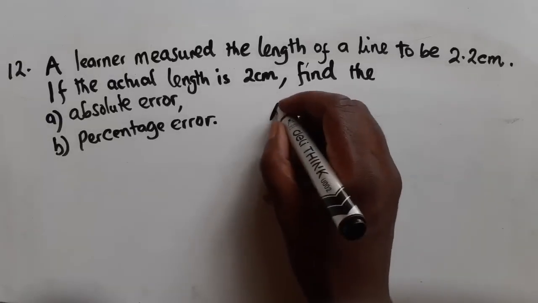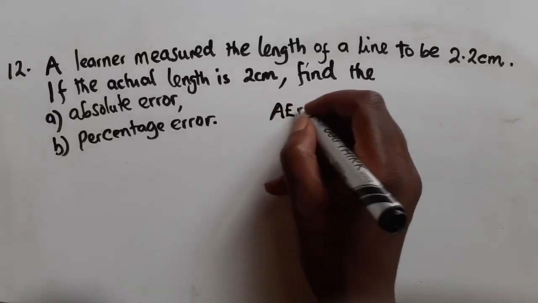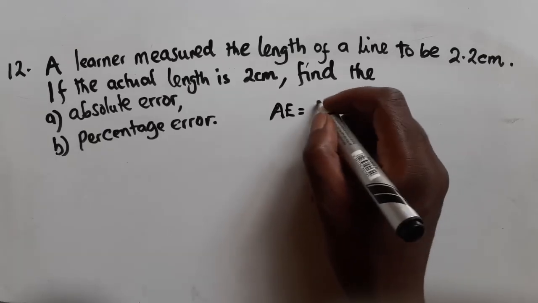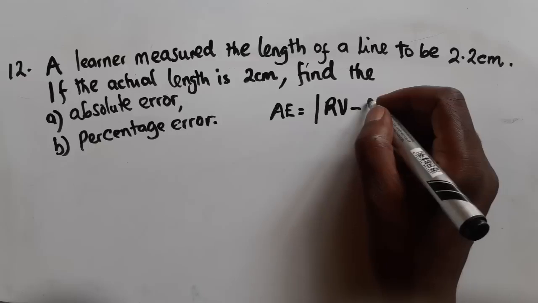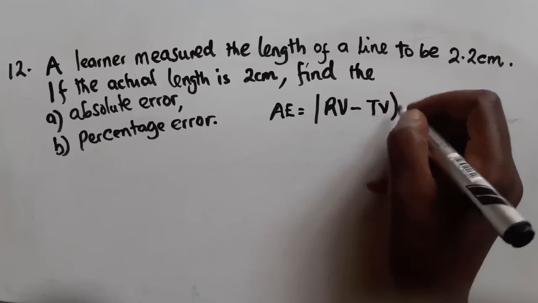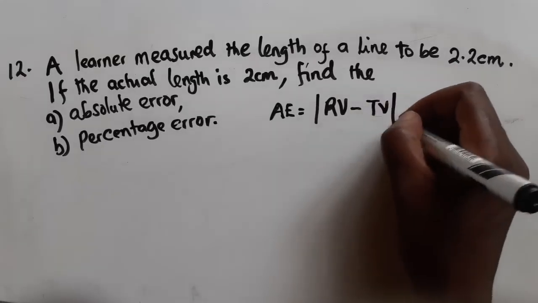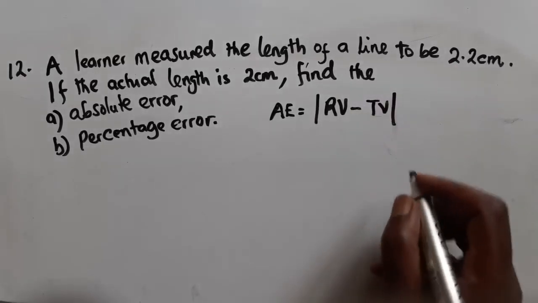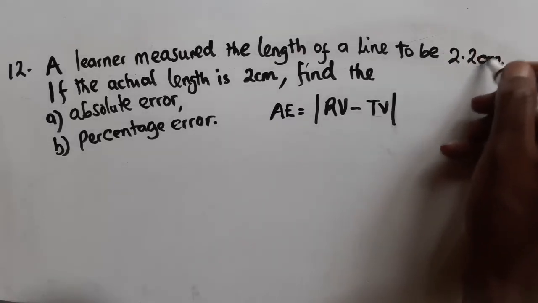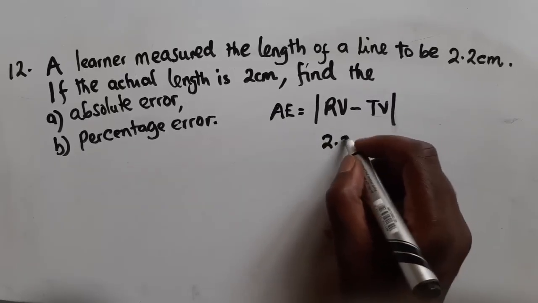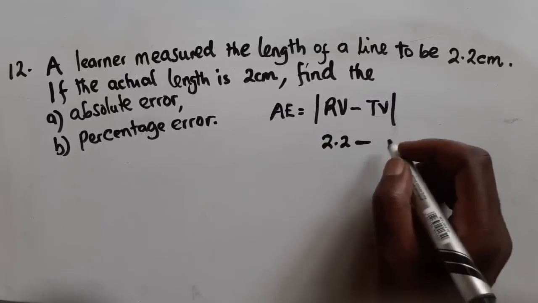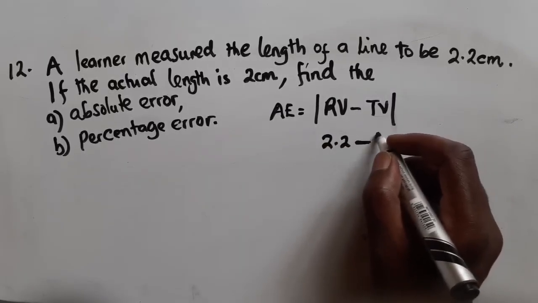So, absolute error is equal to recorded value minus true value. Recorded value is 2.2 minus the true value, which is what?